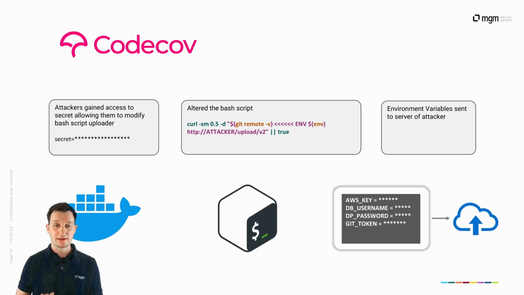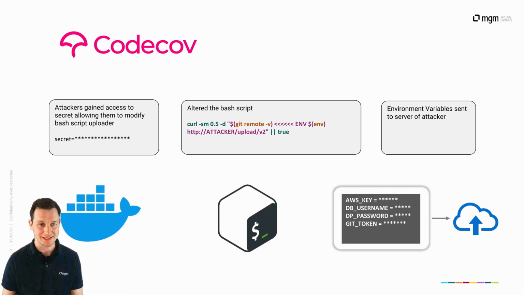So they exposed AWS tokens, database usernames, access to some testing environments, stuff like that. All this could be read by the adversary in this case. So it is a real world attack. I did not make this up. It's a real world attack.